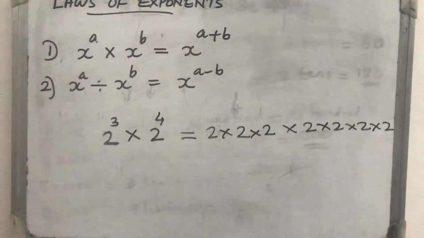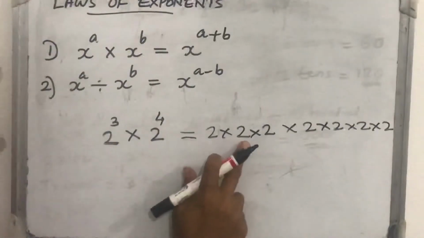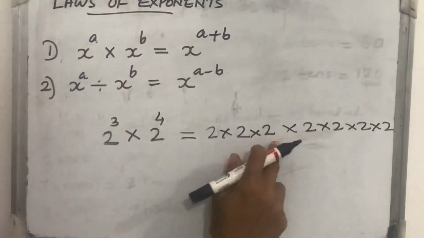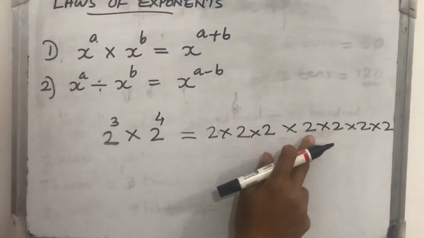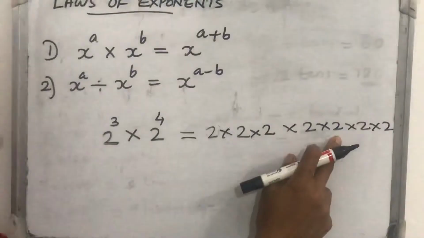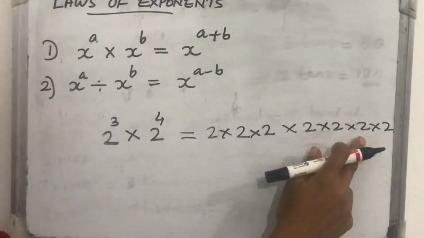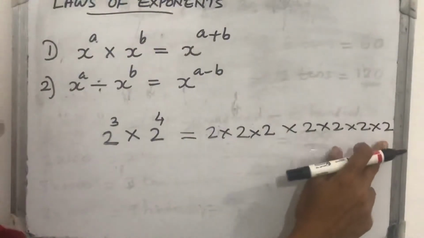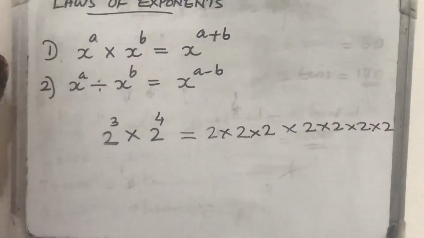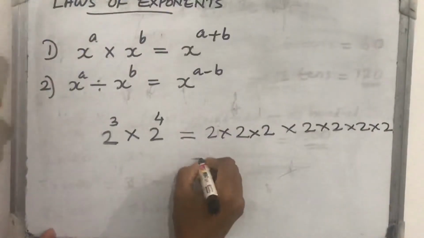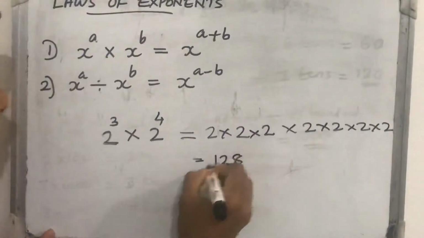Okay, so here the answer will be: 2 into 2 is 4, 4 into 2 is 8, 8 into 2 is 16, 16 into 2 is 32, 32 into 2 is 64, 128. Okay, this answer will be 128.